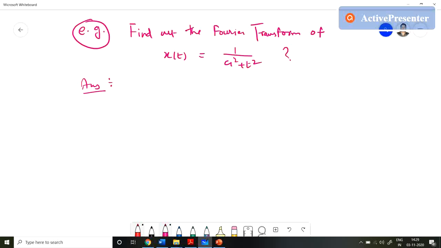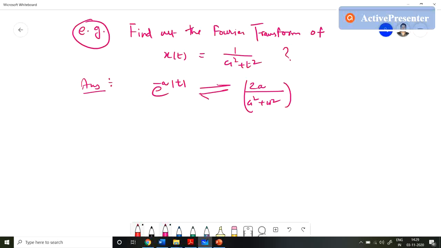If we remember that we have already derived that if we have e raised to the power minus a modulus t, then the Fourier transform of this signal is 2a divided by a square plus omega square. Now what can we apply?